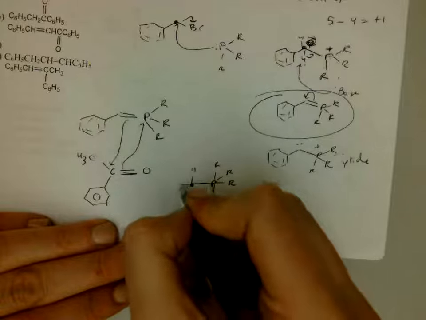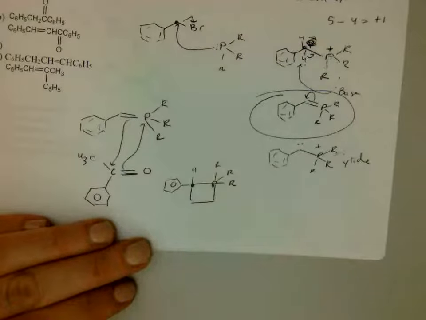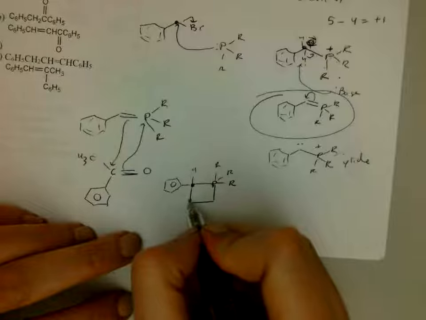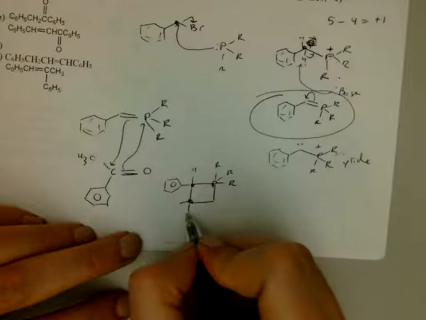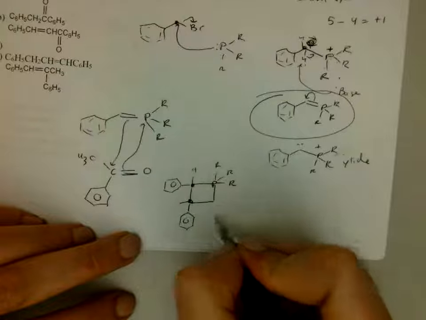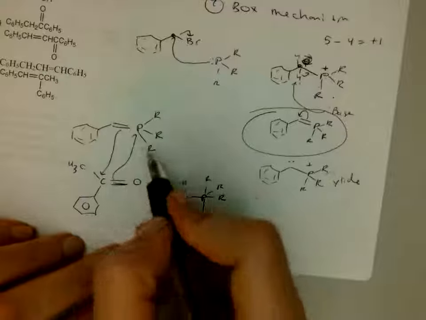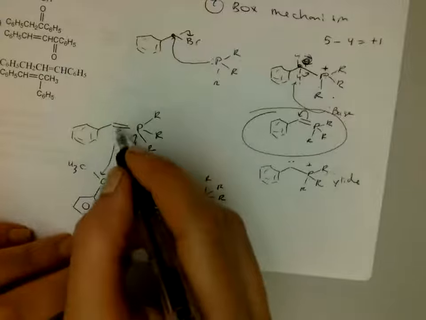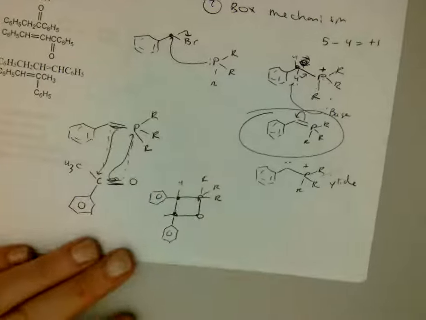It has an H off that, don't forget, and then it has a benzene ring on the other side. Then down here, this carbon makes up another corner. It has a methyl group and another benzene ring. And then over here is an oxygen. So this attacks and forms a new bond right here. This attacks and forms a new bond right here. Each of these double bonds goes away.